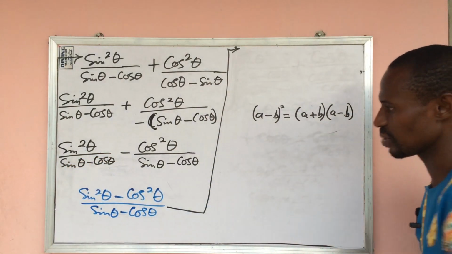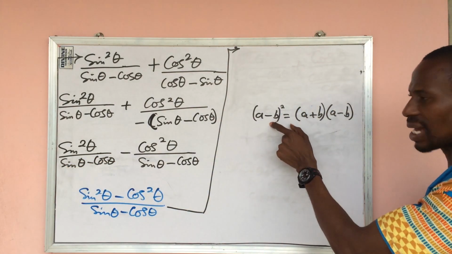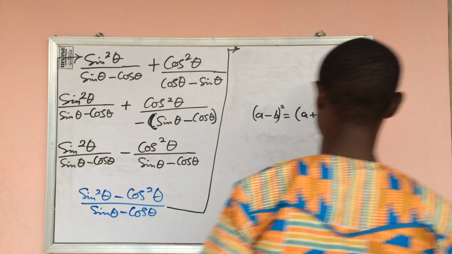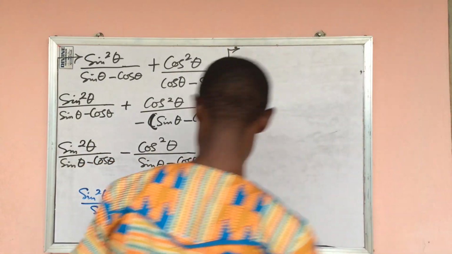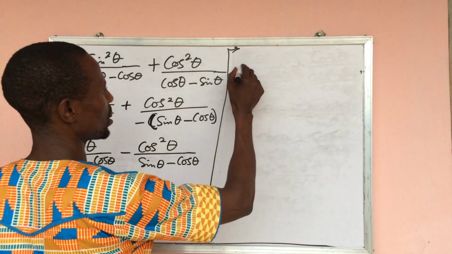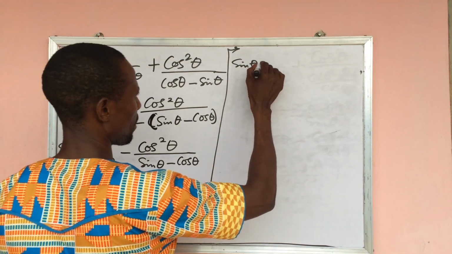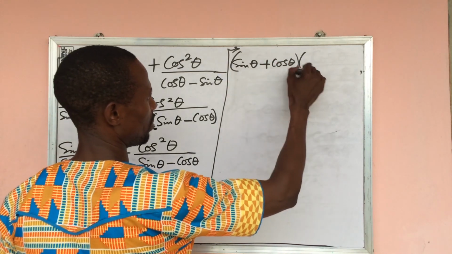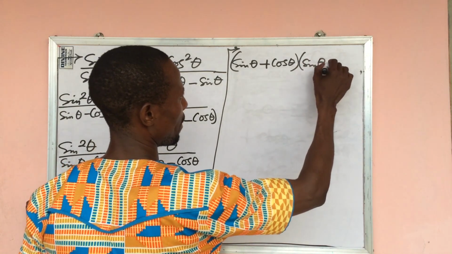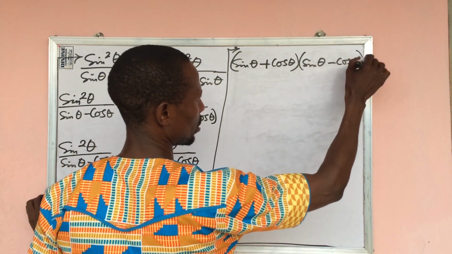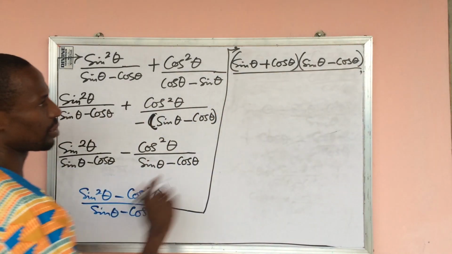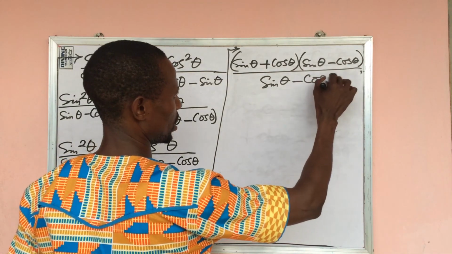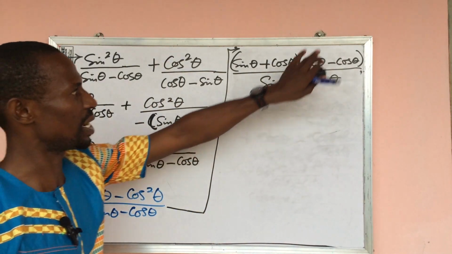So this expression is the same thing as this, and we can split it. This gives us sine theta plus cos theta, times sine theta minus cos theta, all over the denominator, which is sine theta minus cos theta.